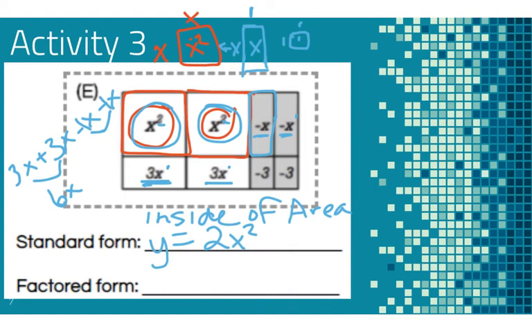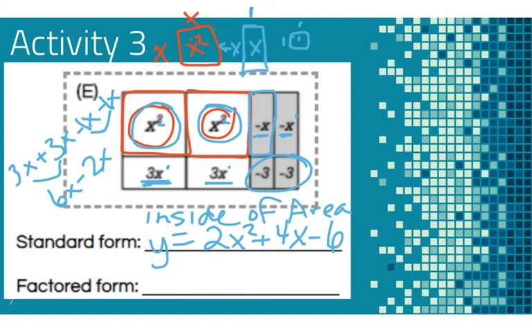So negative x minus x is a minus 2x, and 6x minus 2x is a positive 4x. Okay, and then negative 3 minus 3 is a negative 6. So standard form again, we write the biggest exponent first, which in quadratics is always a 2, always squared.